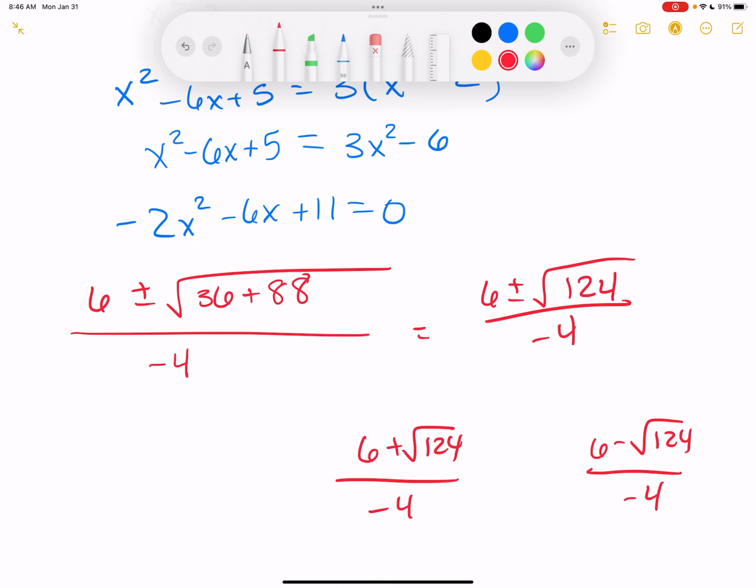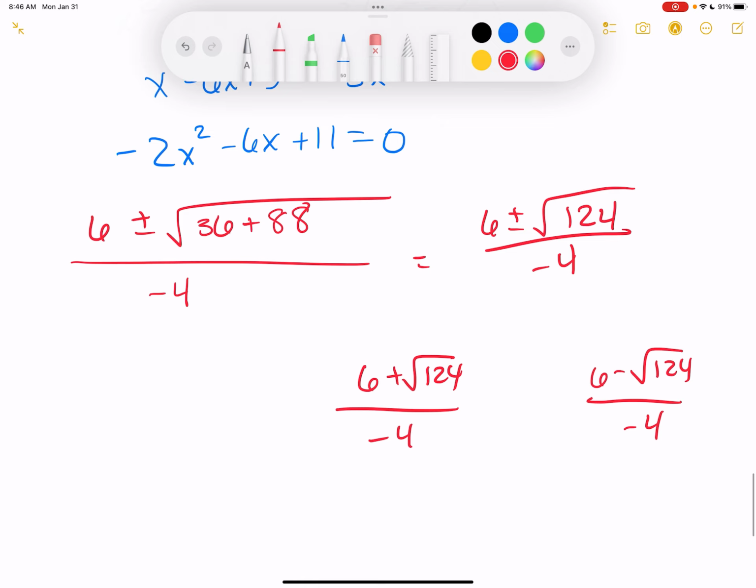I got 3.22. Wait, these are 2 separate problems. That's why I'm asking which one. It's plus. I got 3.2, but I rounded it, so I got 3.22. I'm pretty sure this should be something negative. For the positive one, I got 4.2.